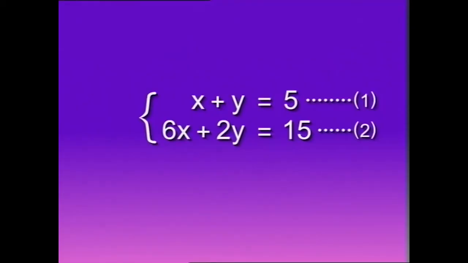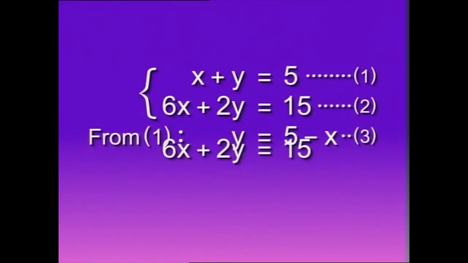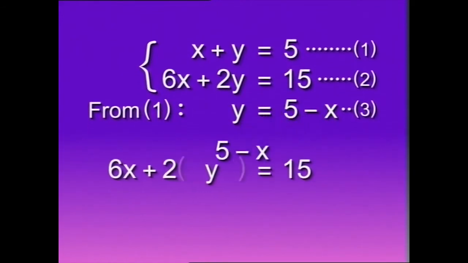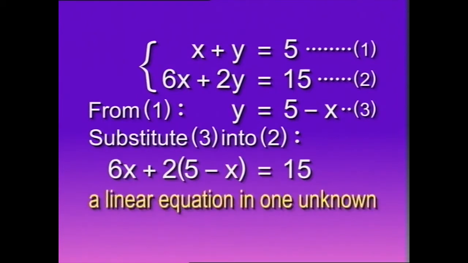The first equation is x plus y equals 5. That is, x equals 5 minus y, or y equals 5 minus x. If in the second equation we change y into 5 minus x, then the equation has only one unknown, x. That's a linear equation in one unknown.